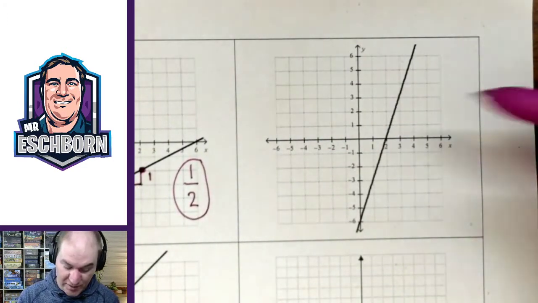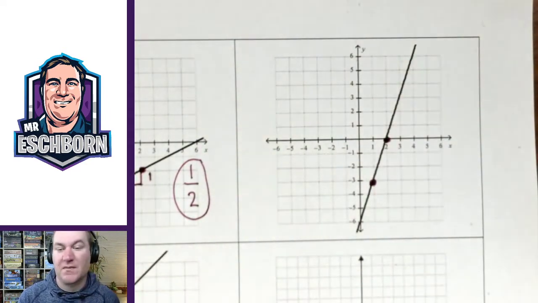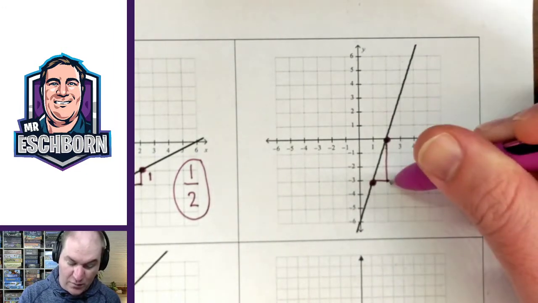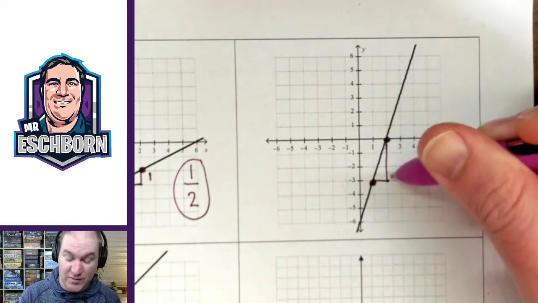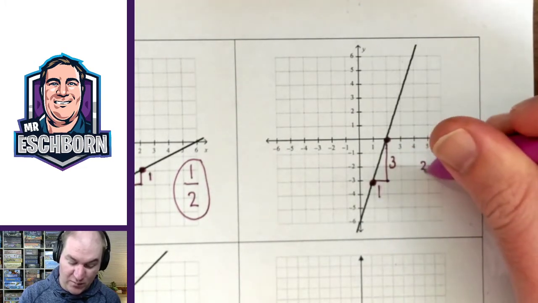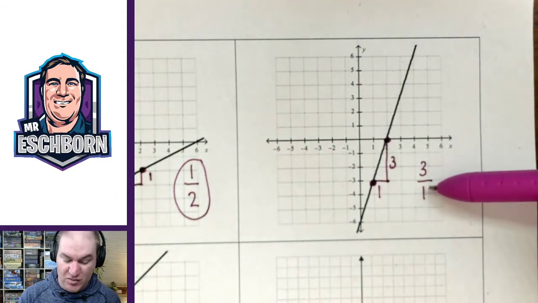Let's do this one. We need to pick 2 points. So I'm going to use that point and that point. I'm going to draw a triangle between them. The rise is these 3 squares here, and the run is this 1 square here. So my rise over run is 3 over 1. Slope should always be simplified when possible, but it should be kept as a fraction.